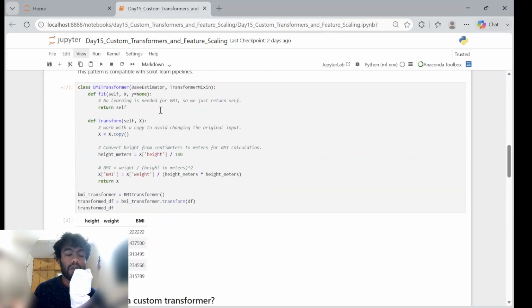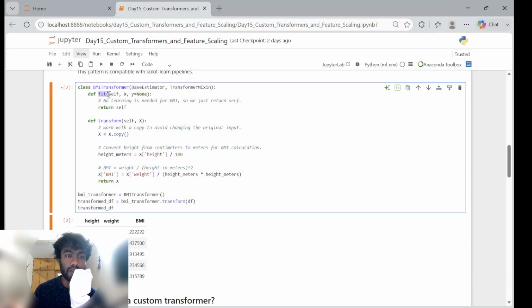A custom transformer will always have these two methods, a fit and a transform method. In this case, we are not going to do any fit or any learning on the existing data, like having to calculate mean or min max of a specific value and then adjust or transform this value accordingly.